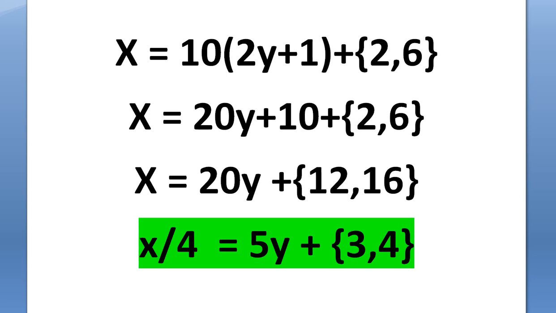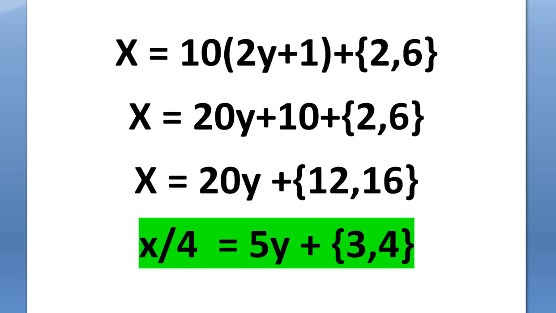And then we check if it's divisible by 4. You divide across by 4, you get x over 4 equals 5y plus 3 or 4. So our two possible solutions will be 5y plus 3 or 5y plus 4. And they clearly work because y is an integer. So y is any integer from 0 to infinity.